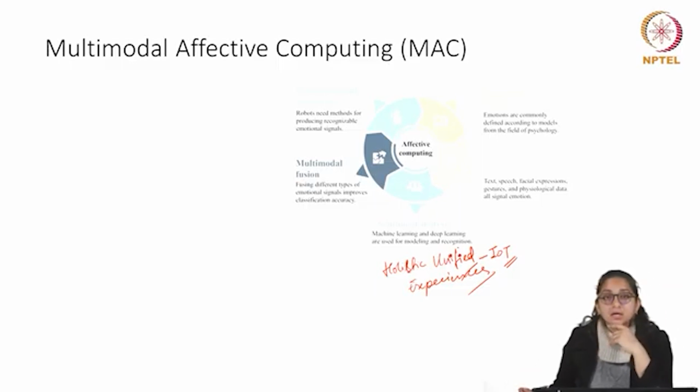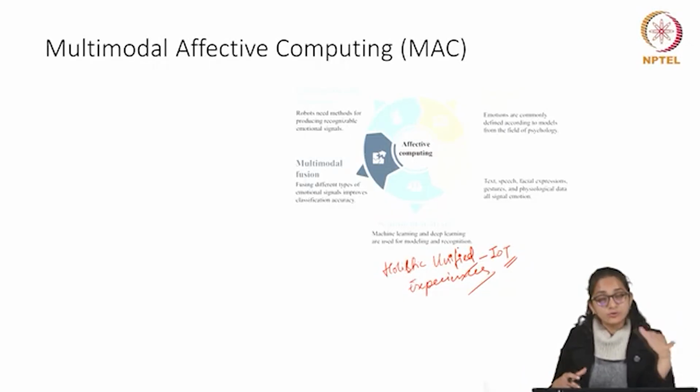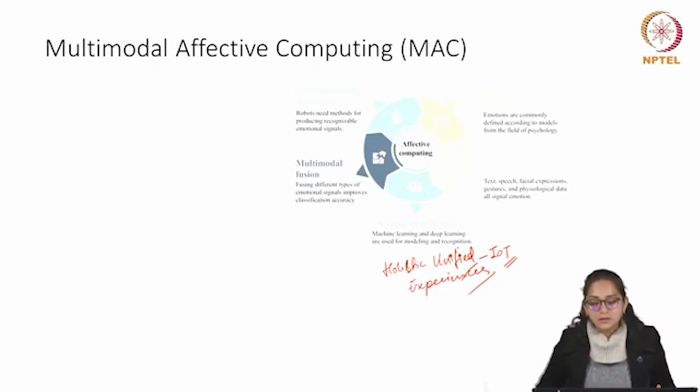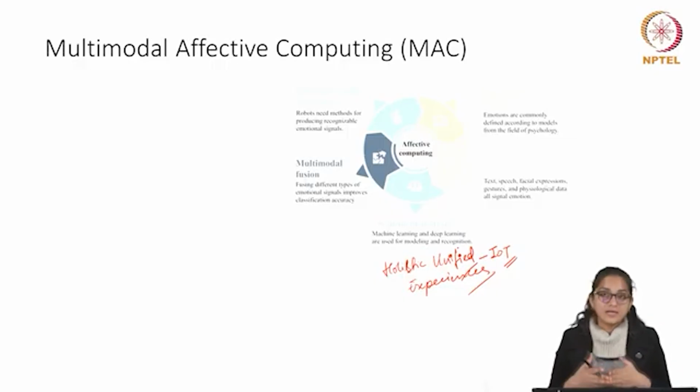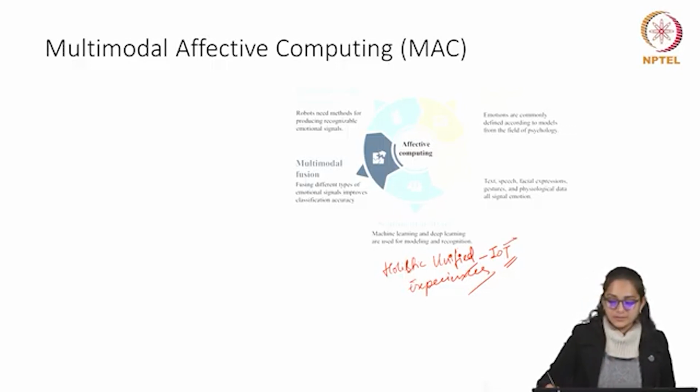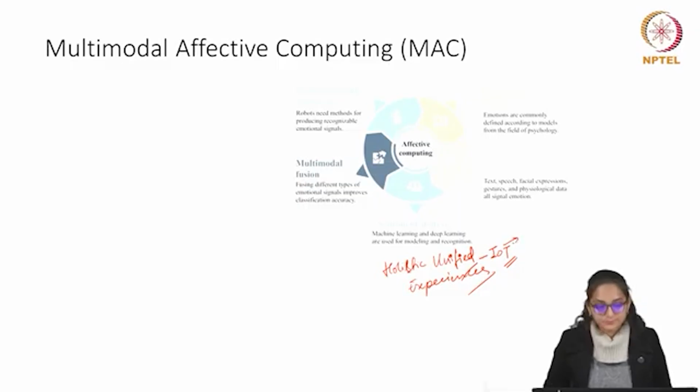Because the inputs may be not just through different modalities but also through other parameters which are emotional, stress related, and as a system, the environment is also adapting to your emotions and then reacting and telling you the feedback. That is where IoT systems come in.